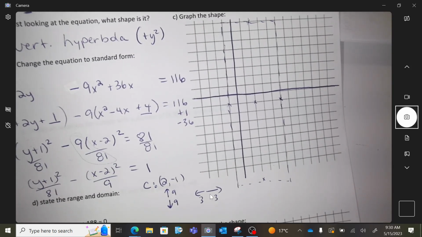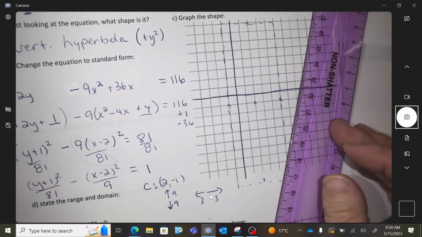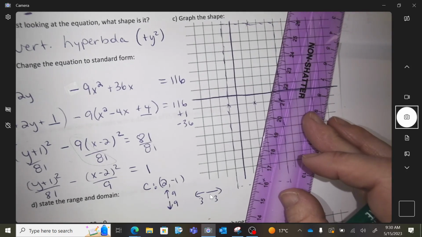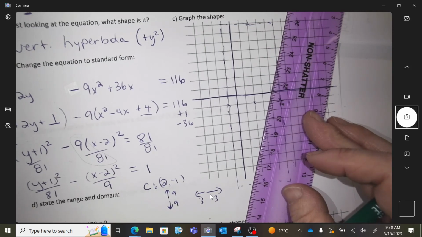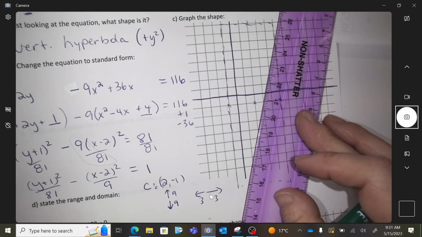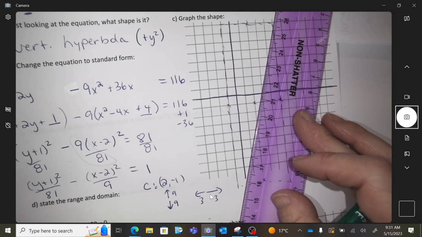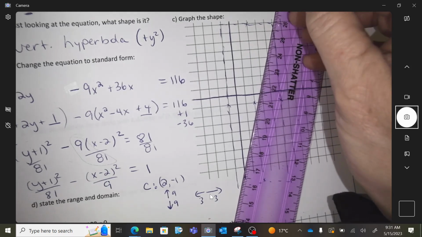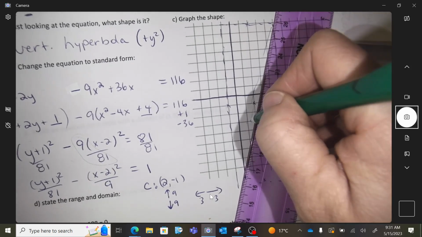Didn't even have enough paper. But you have to go 9 up. Your slope is 3, but you still have to go 9 up.